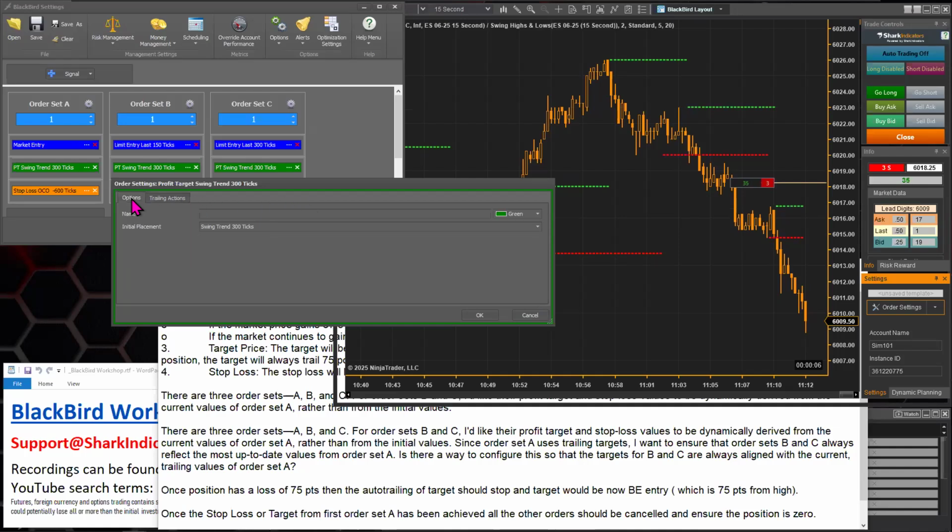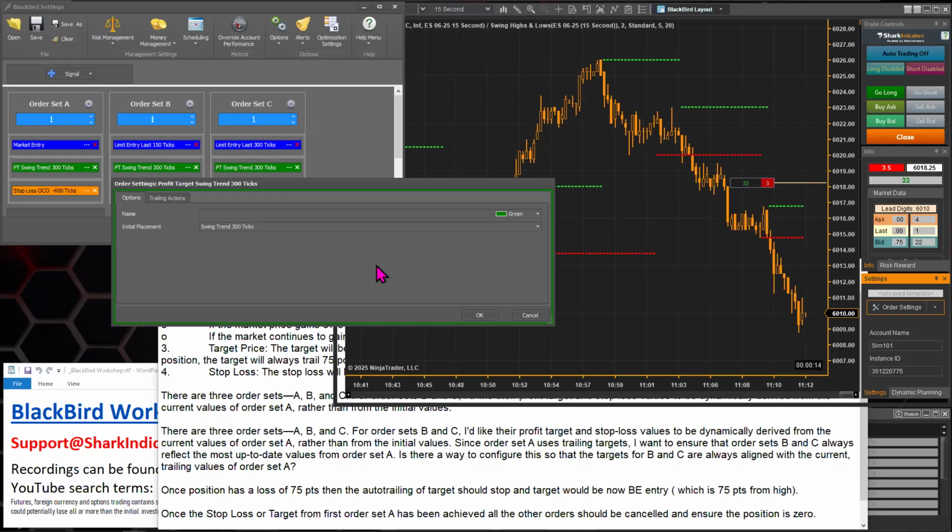But I am going to go in here, and the one thing that might actually change are the swing points. Right, we can see here, as price is pulling back, our high swing points are dropping down.